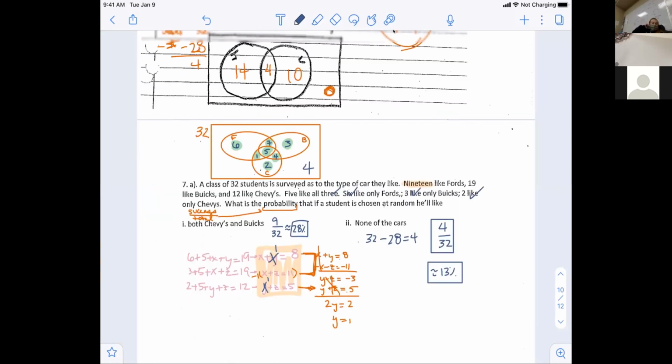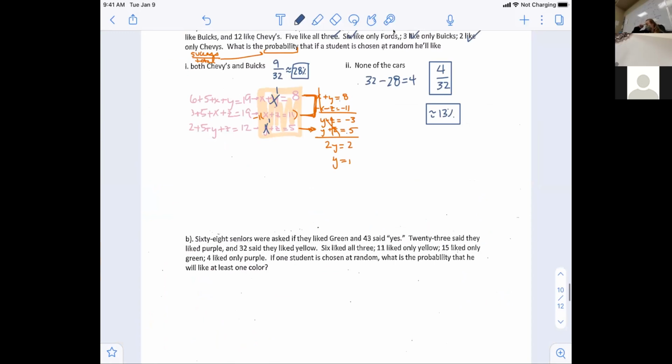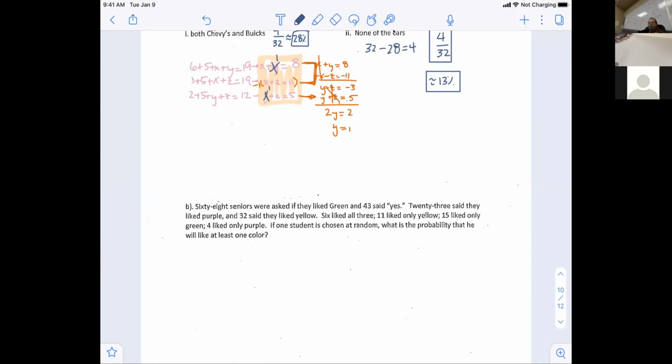Okay. Can we try another one like that? Let's do the one underneath it. The only difference with this is it's got a little bit bigger numbers. Okay, so it says 68 seniors were asked if they like green, and 43 said yes.